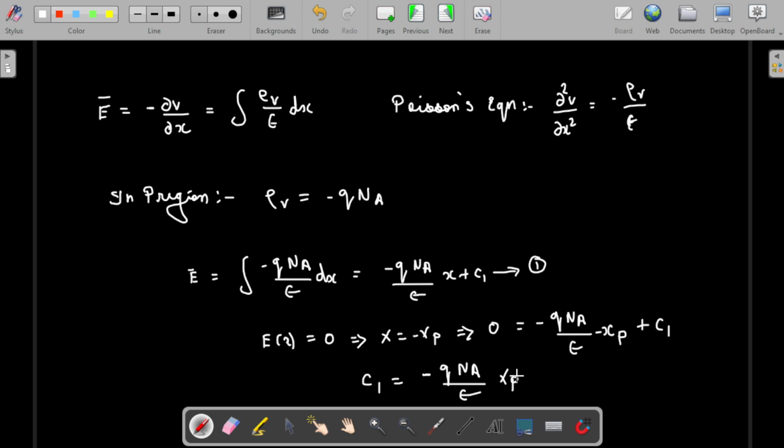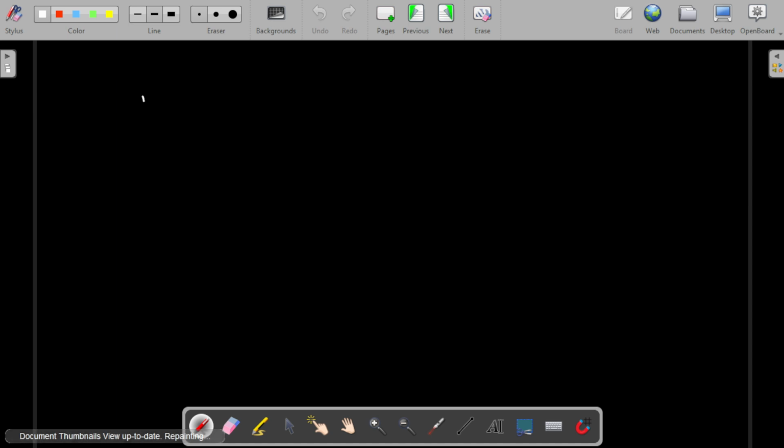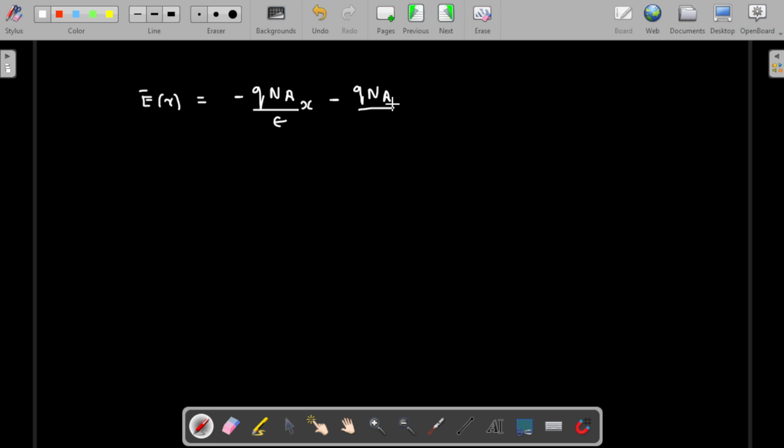Now we substitute c1 in equation number 1, and then we will get E of x, which is a function of x. It will be equal to minus q N_A divided by epsilon x minus q N_A divided by epsilon x_p.